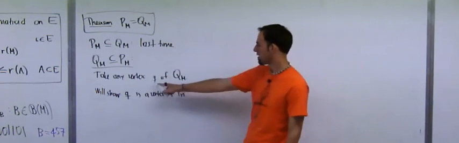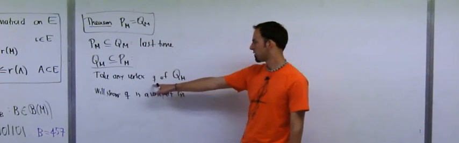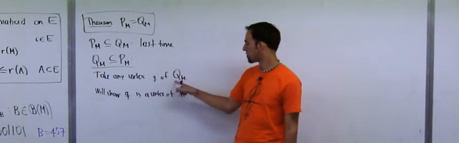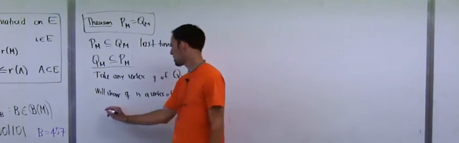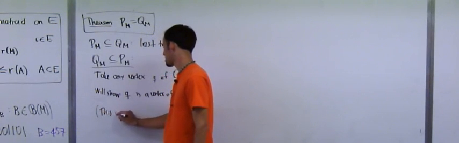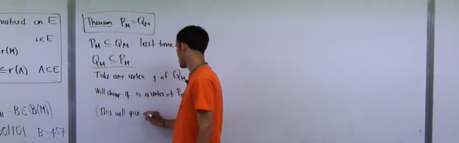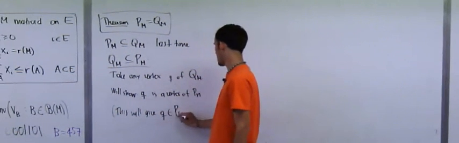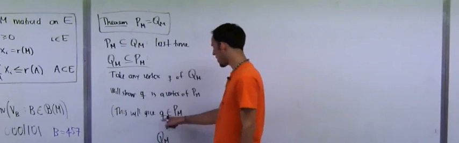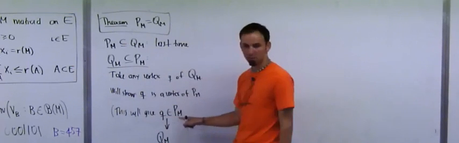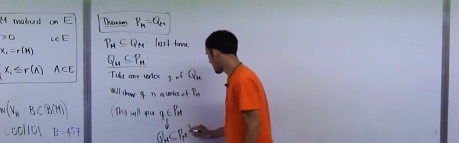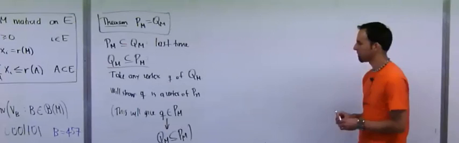If I show that, then that will show that any vertex of Q sub m is inside P sub m, and therefore, by convexity, since P sub m is convex, all of Q sub m is inside P sub m. Okay?